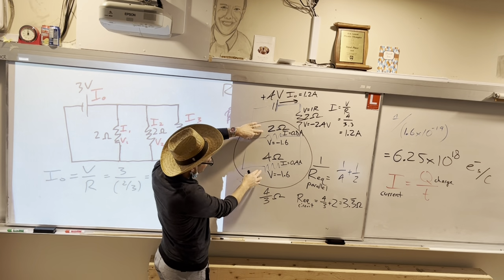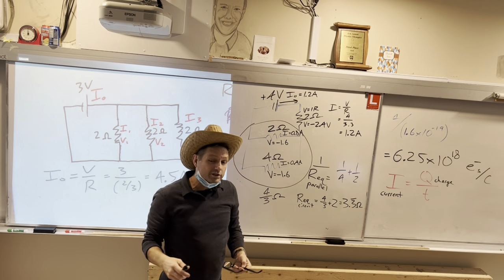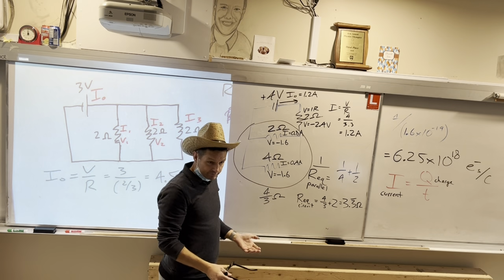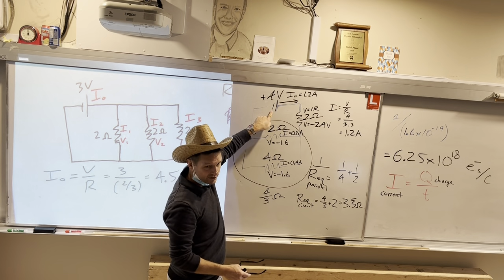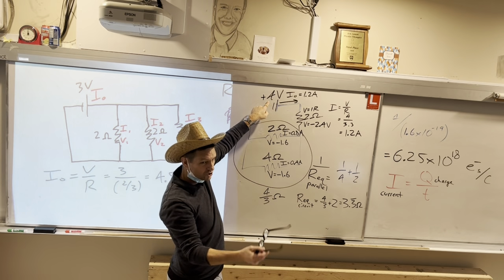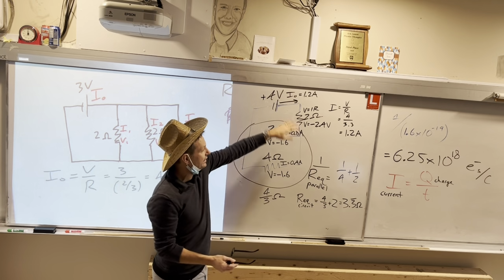So the way we knew how many volts we're dropping here is because our voltage drops have to equal our voltage gain. We only have one cell in this circuit, so we're only gaining 4 volts. So every truck, every coulomb truck, has to drop 4 volts at some point around here.